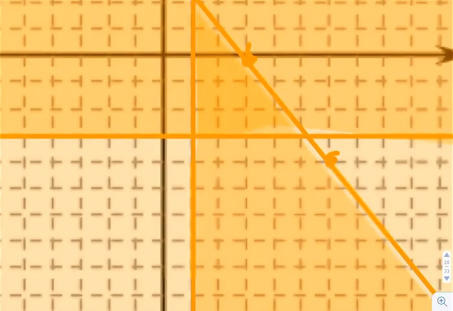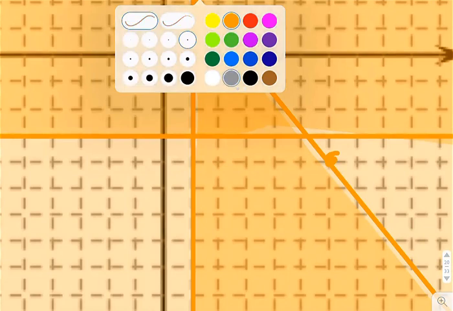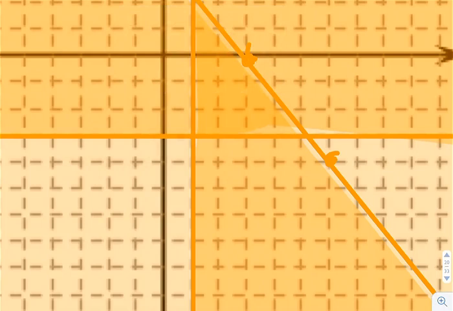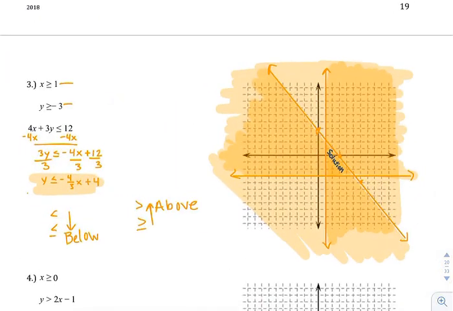Right here in the middle. Again, I like to write where the solutions are, but just that little triangle section in the center. So if you guys picked any ordered pair in that section, it should make every single one of the inequalities in your problem true.